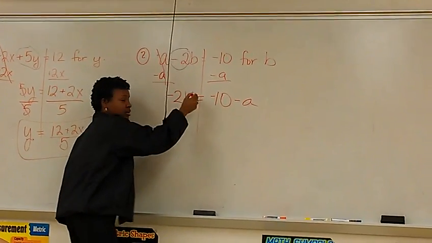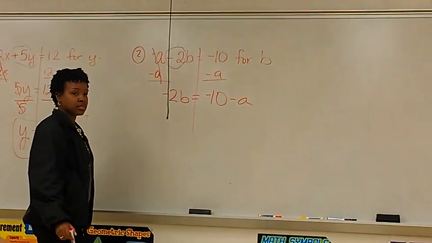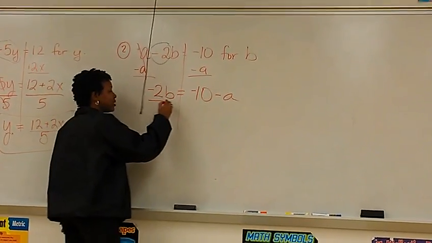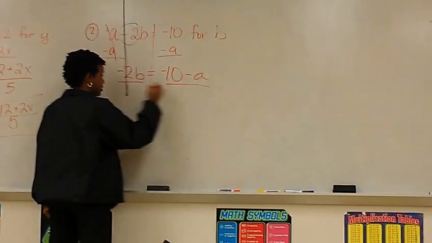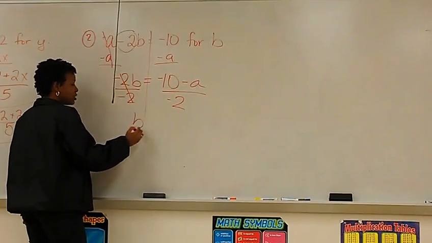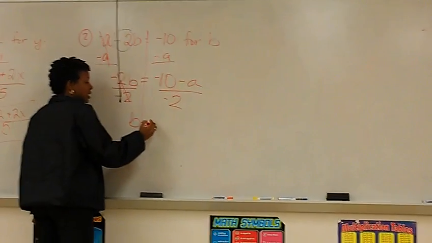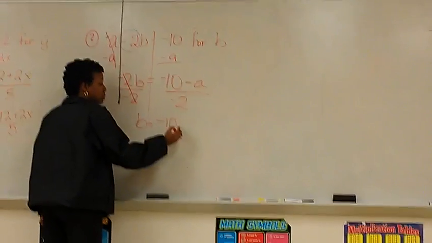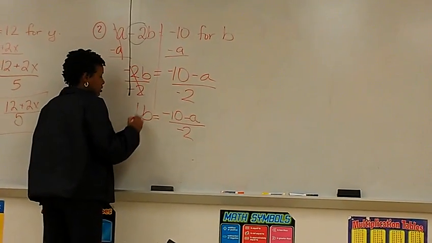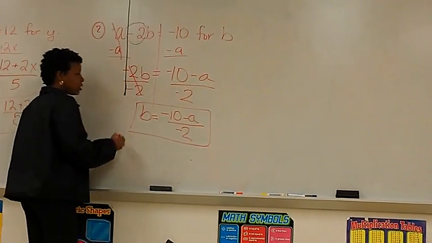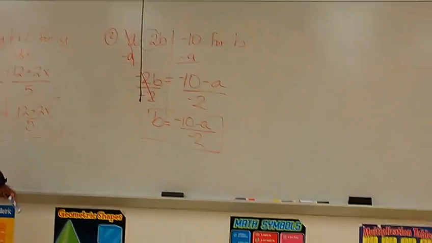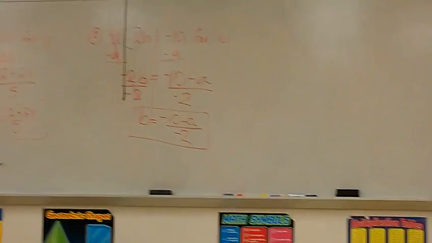So you look over here. Divide it. Good. By what? By negative 2? Yes, good job. Divide by negative 2. You recovered yourself. So B equals what? Negative 10 minus A over negative 2. If you put 2B, then you're wrong. That's it. You just write it. Whitney, a little bit better?